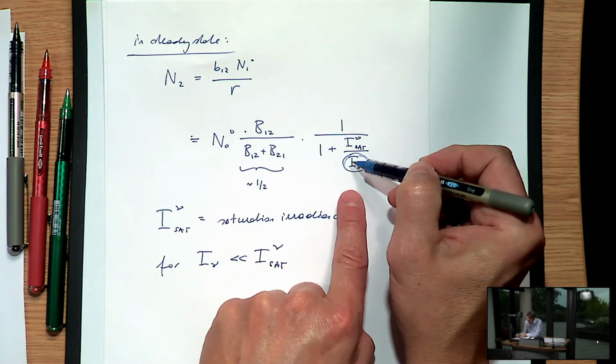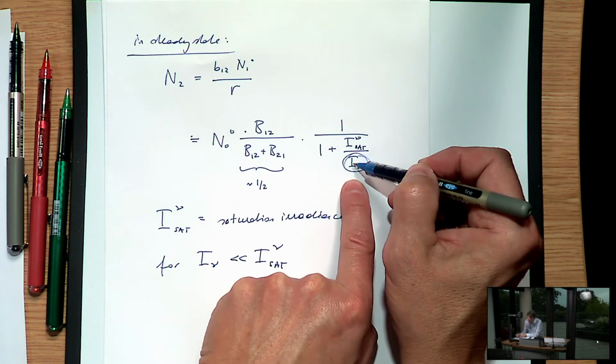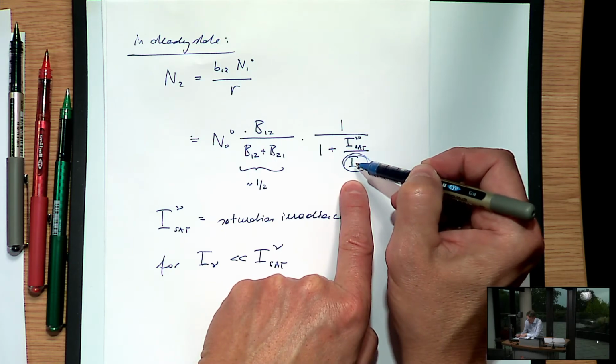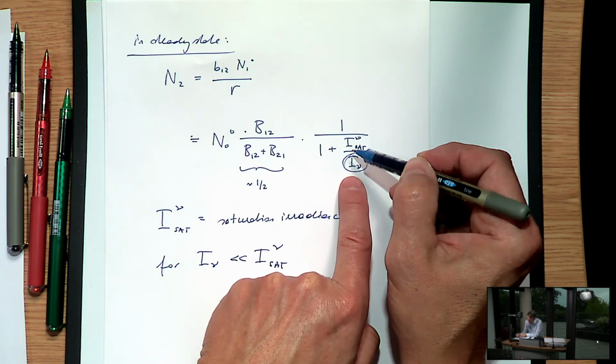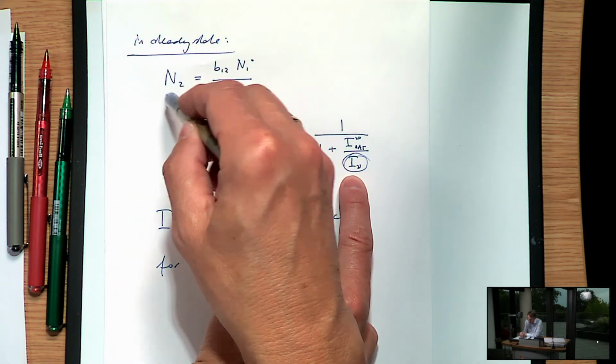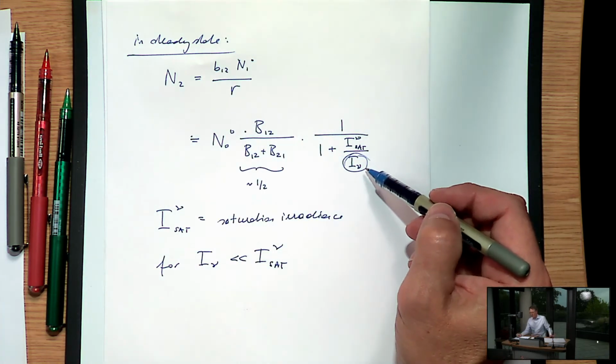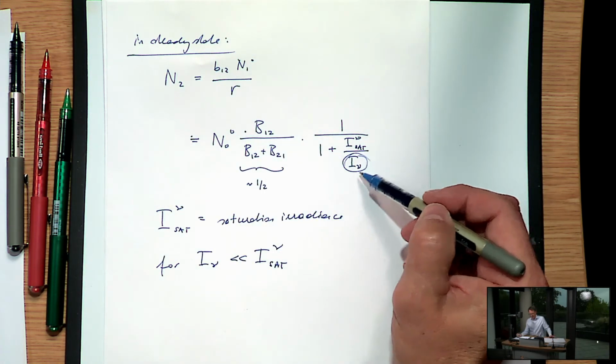When this is very small, then it turns out that the rise in population in N2, or the level of the population in N2, is linearly proportional to the laser signal, right?